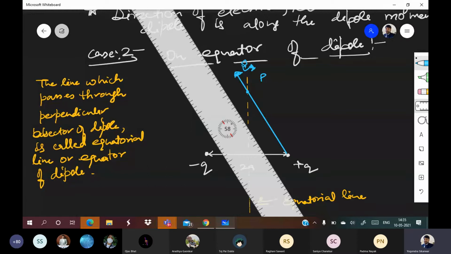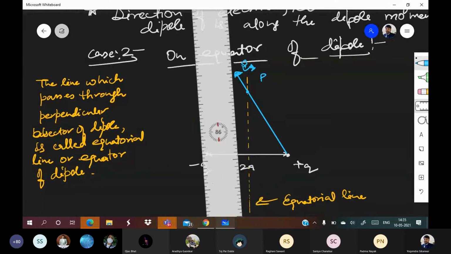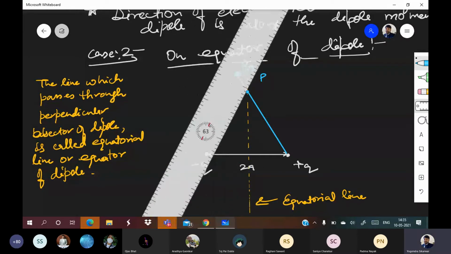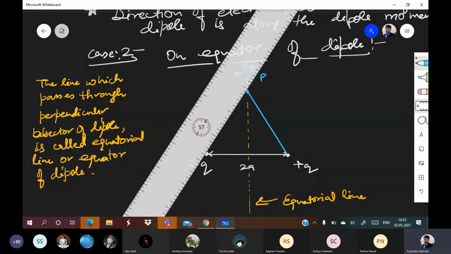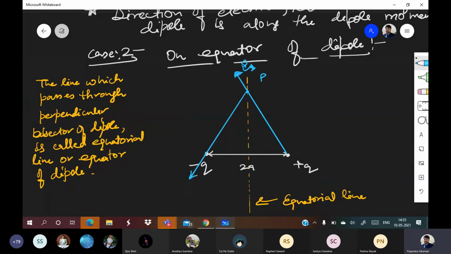Now electric field due to negative charge will be along the charge, and that will be E2. So how much is E1 and how much is E2?